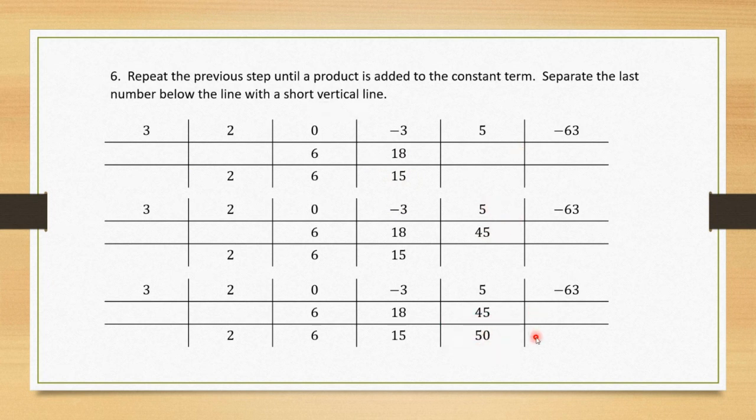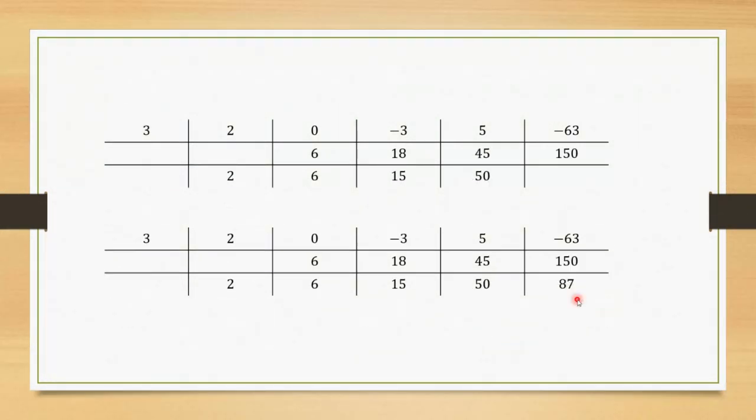For the last one, I did write down that you want to separate it by a vertical line. That part is really optional, because you'll see what's going to happen now. But we repeat this process. 3 times 50 is 150. That product goes here. And then we add 150 and minus 63. And that gives us this.